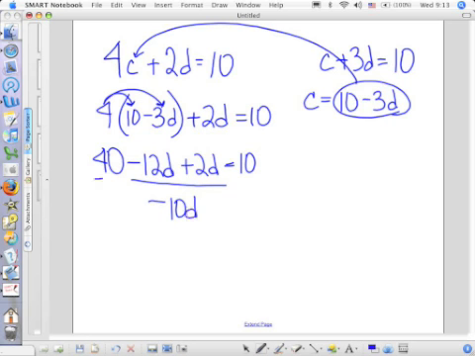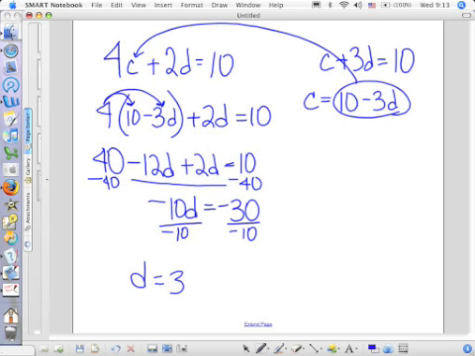I've got to get this 40 on the other side, so I'm going to subtract it. So negative 10D is equal to negative 30. And now I want D by itself, so I'm going to divide both sides by negative 10 to find that D is equal to positive 3.